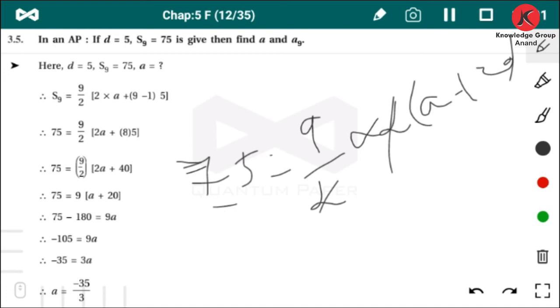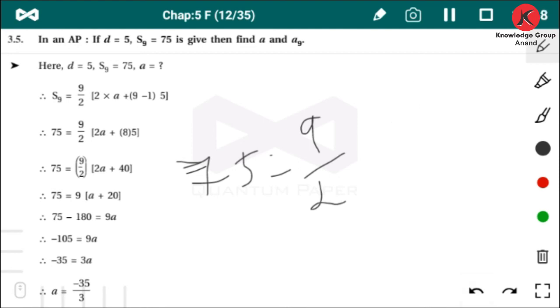75 is equal to 9A plus 180. 75 minus 180 is equal to minus 105. Divide by 9.